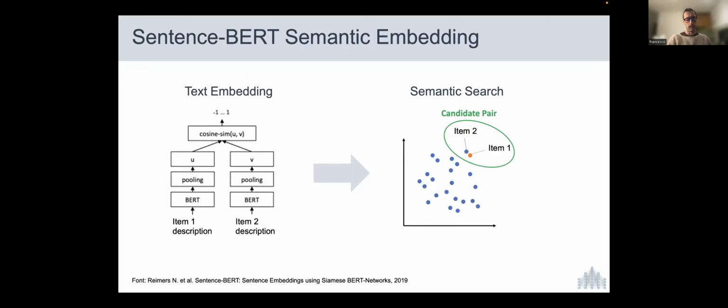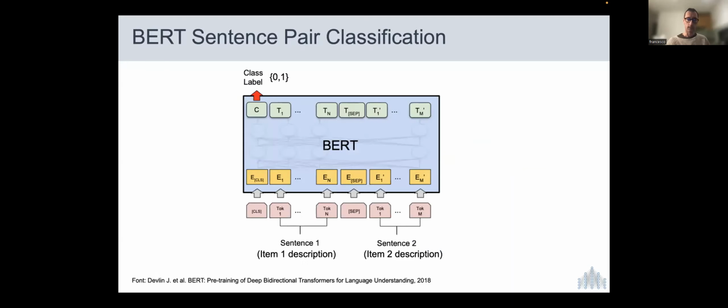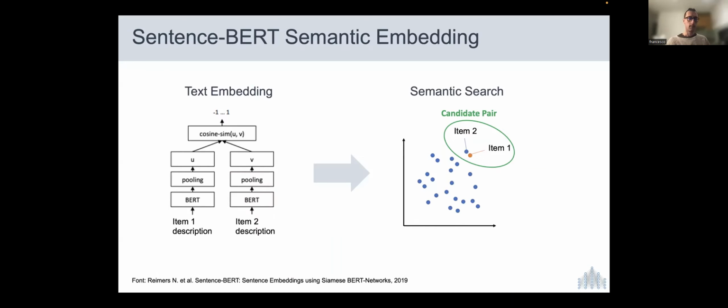The most efficient thing in terms of pair mining comes from Sentence-BERT, which essentially uses BERT, but in a Siamese architecture, in which one tower has a BERT model and the other tower has another BERT model. And in this case, you don't feed both sentences together as in BERT sentence-pair classification, but you just care about the embeddings and you optimize for similarity.